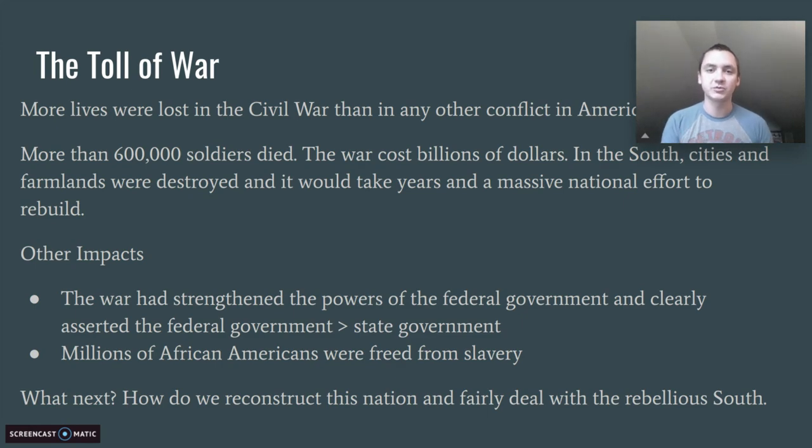Because if we punish them too harshly, this is just going to happen again in 10, 20 years. And if we don't punish them at all, perhaps this will also happen again in 10, 20 years because they feel like they can do it. So this is going to be a really tricky balance that Lincoln is considering immediately, and that will be the subject of our next two videos.